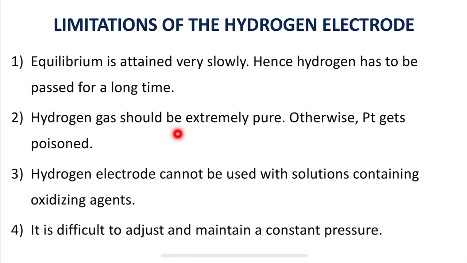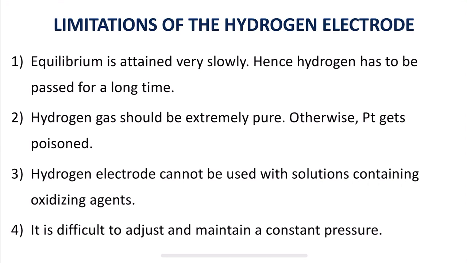Hydrogen gas should be extremely pure, otherwise platinum gets poisoned. Hydrogen electrode cannot be used with solutions containing oxidizing agents. Since hydrogen is a reducing agent, definitely the hydrogen electrode cannot be used with solutions which contain oxidizing agents. And it is difficult to adjust and maintain a constant pressure.